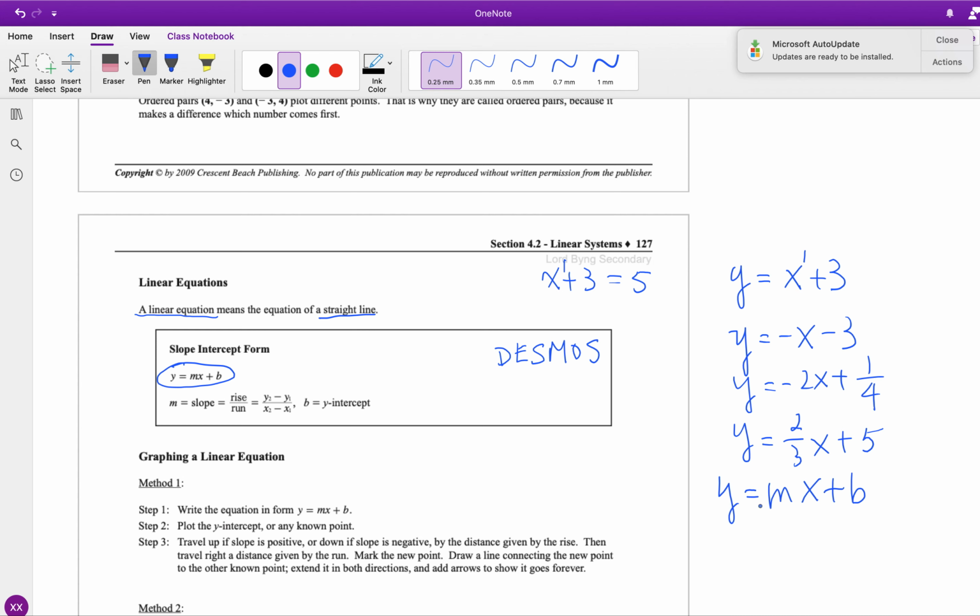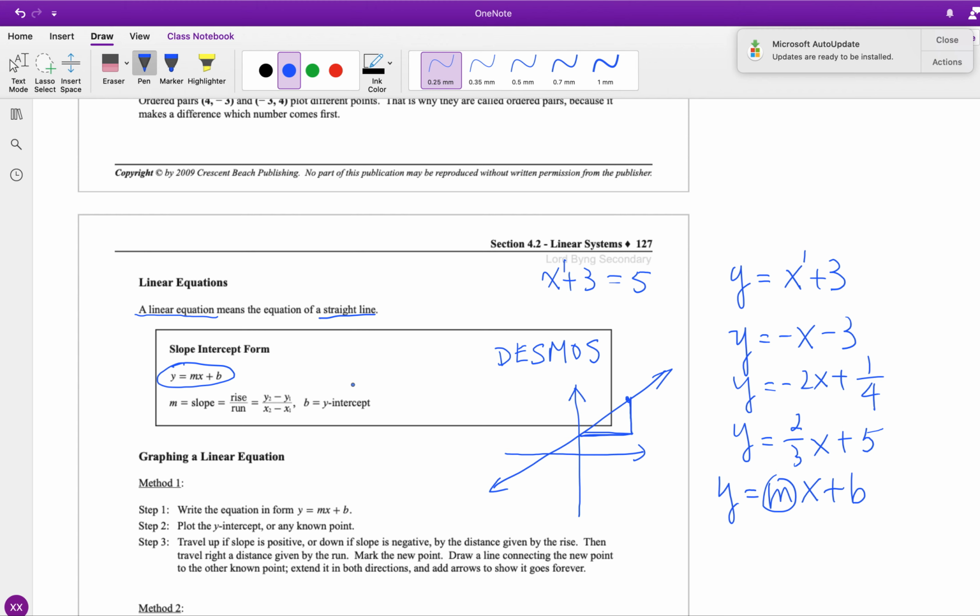And when m changes, the slope of the line changes too. Now the slope is rise over run. So what does that mean? If this is a Cartesian plane, x and y, and this is a line, the rise over run is this m.